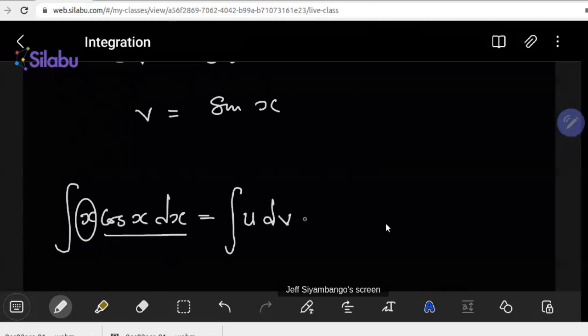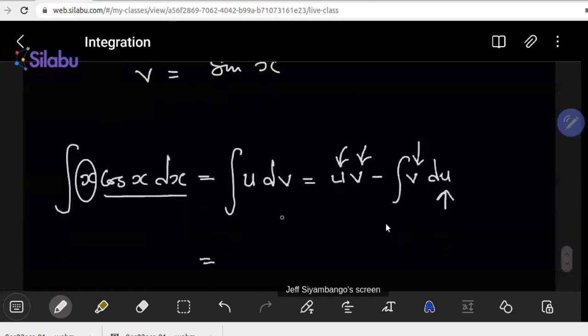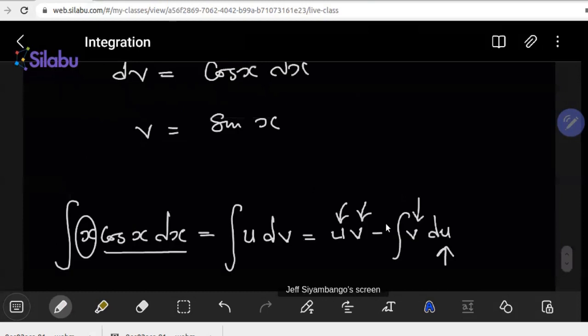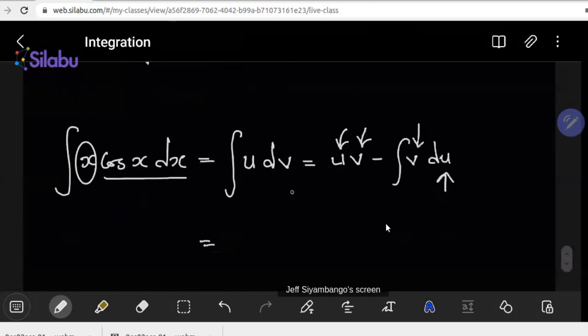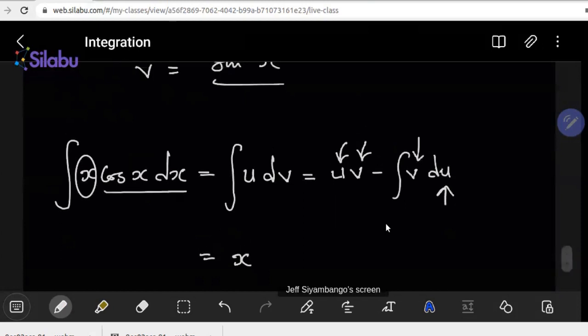So by parts, this becomes the product of u and v, minus the integral of v du. We already have what u, v, and du are, so we can just substitute. Our u was x. Our v, we got it after integrating, that is sine x.